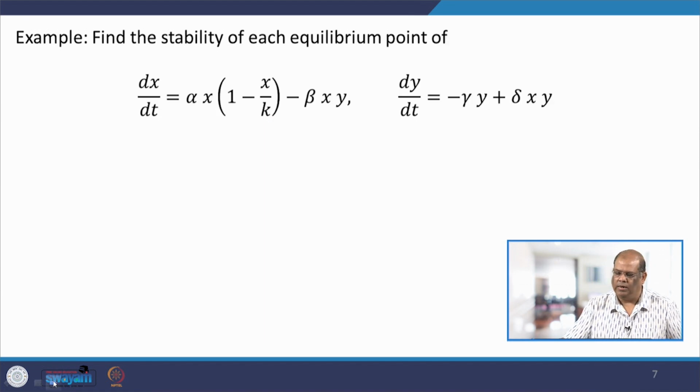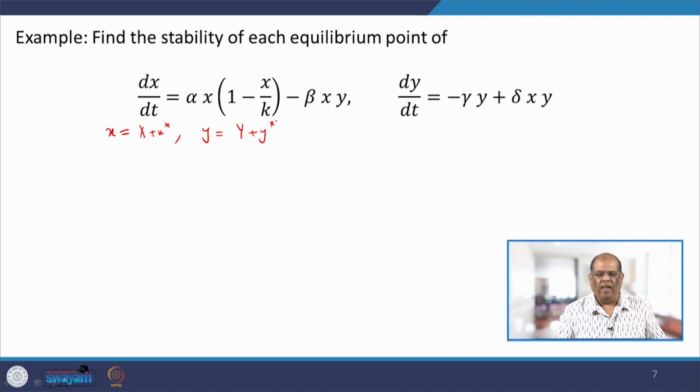Let us take another example where we introduce the parameters alpha, beta, gamma, delta and k. How do you check the stability of this particular example? What we generally do is put x equal to x plus x star and y equal to y plus y star, and then retain only the first order terms and ignore the higher order terms.